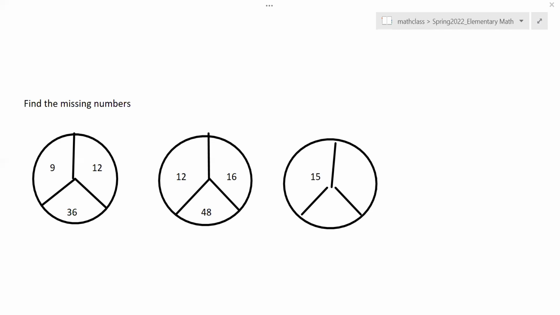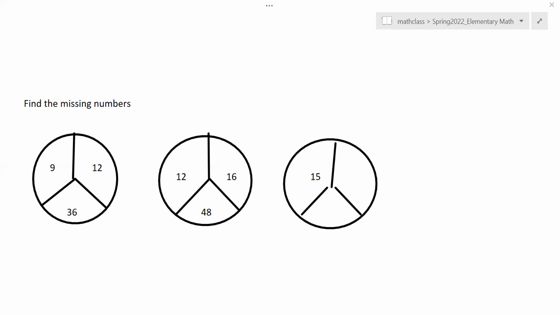So the relationship for the numbers in the first circle should be carried over to the numbers in the second circle. Okay. So 9, 12, and 36. Nine, 12, maybe there's a ratio, right?